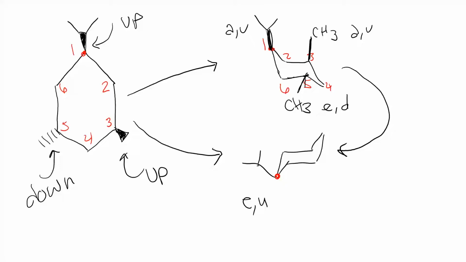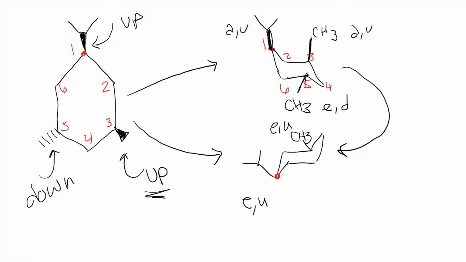Position number 3, again, was an axial up. And after the ring flip, we see that this point's axial is facing down, but it needs to be an up group. So the equatorial is up here. Again, that means this is now an equatorial up.